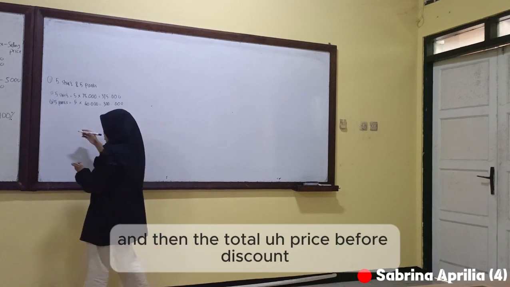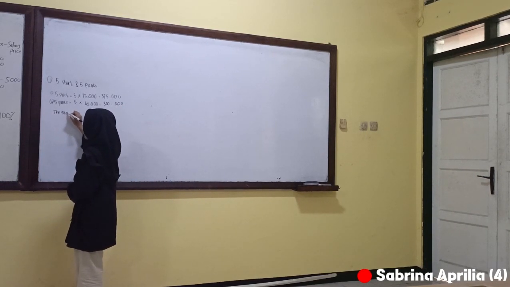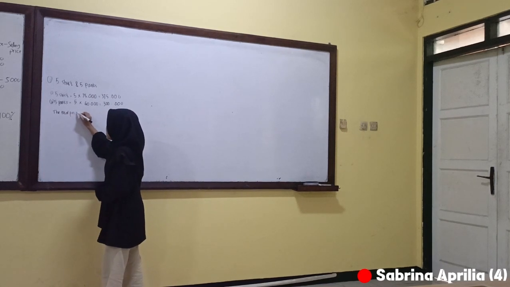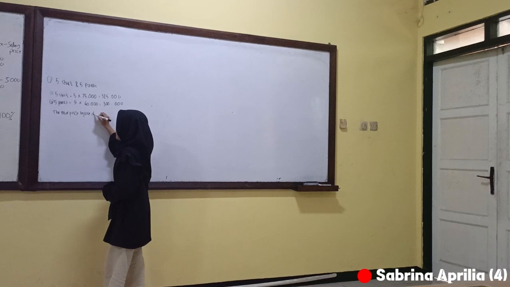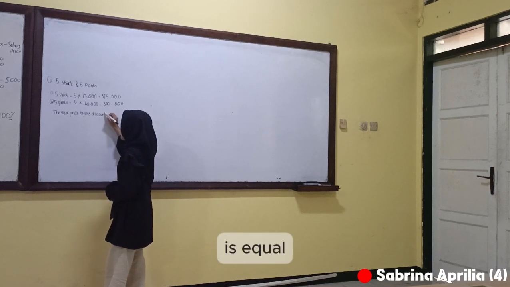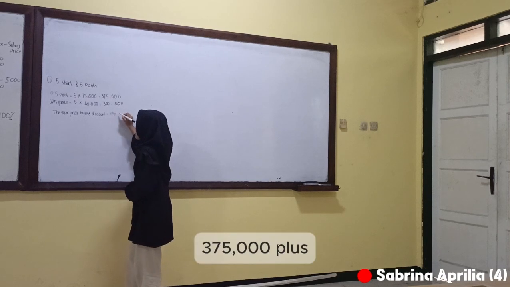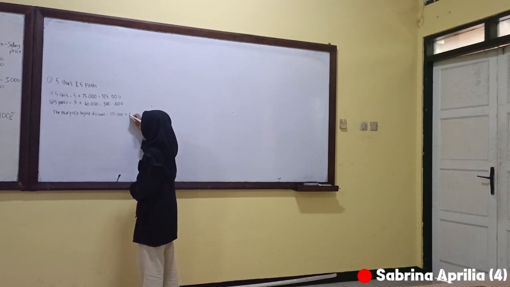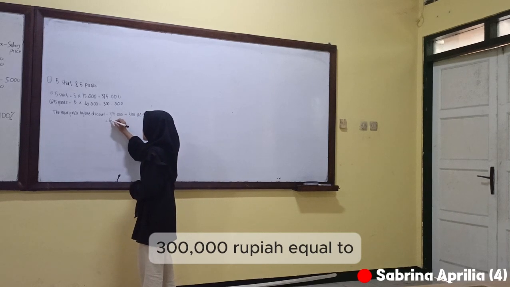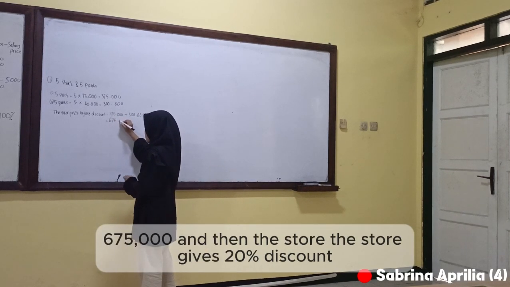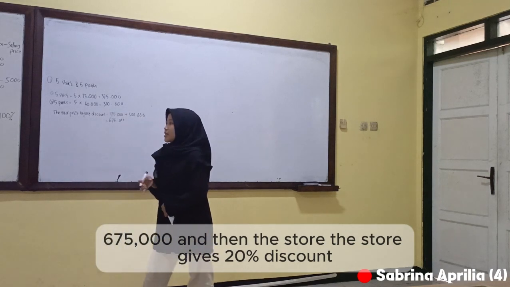And then the total price before discount is equal to 3,075,000 rupiah plus 3,000 rupiah, which is equal to 6,075,000 rupiah.